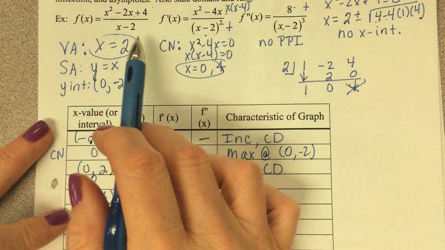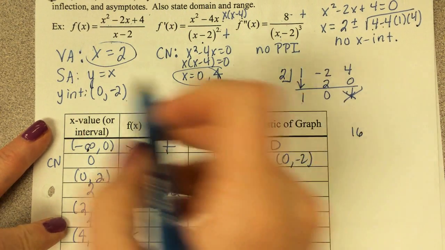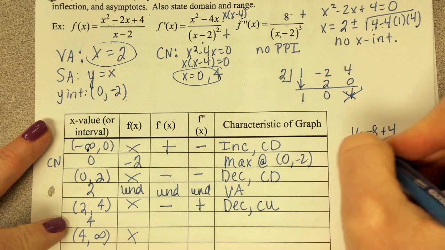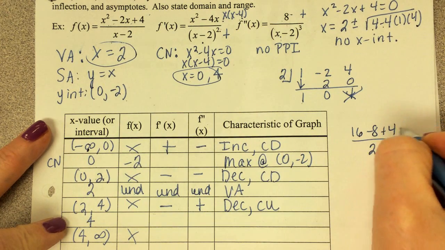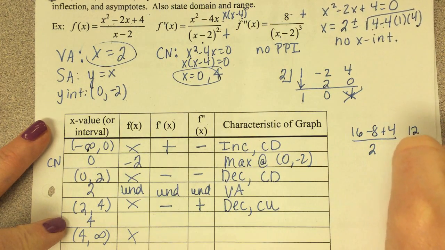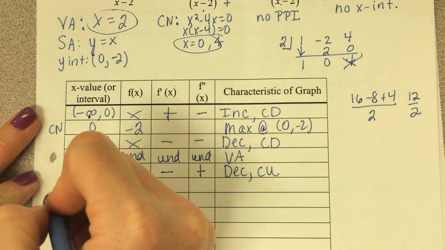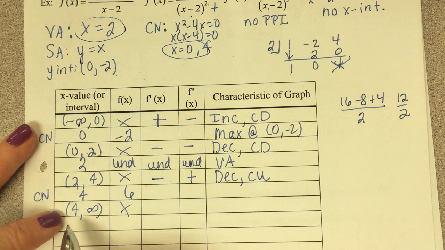Plugging 4 back into the original, 4 squared is 16. 2 times 4 is 8, plus 4. 4 minus 2 is 2. So I have 8 plus 4, that's 12 over 2, and that's 6. And 4 is a critical number, so I want to check it and see what happens.